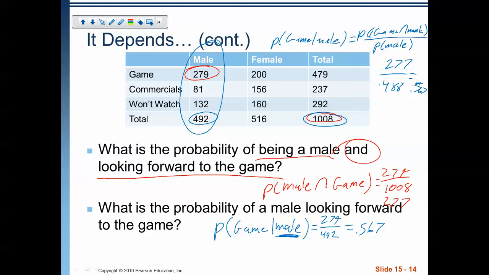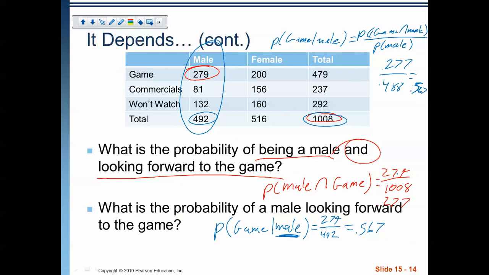So we can use the formula, in this case with the conditional distribution, or the table, the contingency table, we can do it without. But there's nothing wrong with us using the formula to do that, right? I could find that information. P of male and game, we figured out in the previous one. That was 279 over 1008, 0.277.